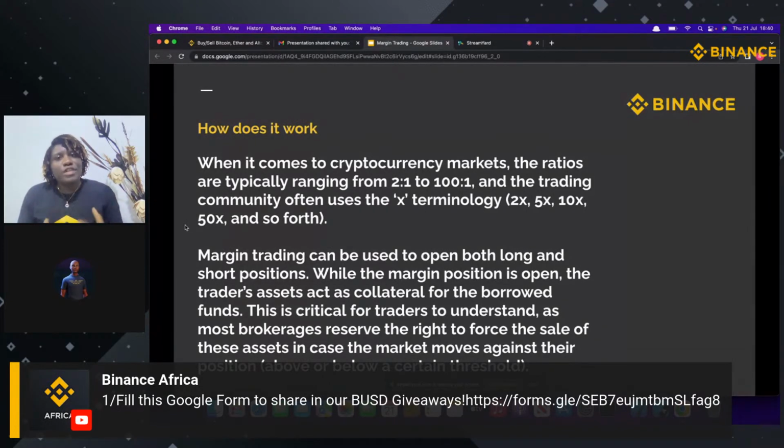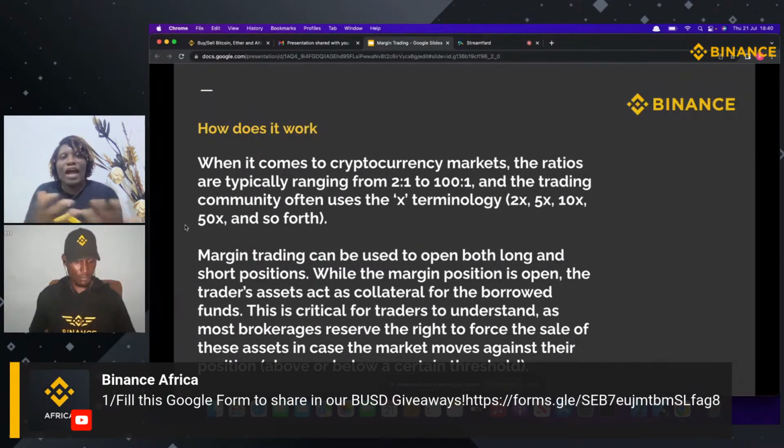Now, one interesting thing is that when the margin position is opened, the assets that you committed act as collateral to the borrowed funds. This is really critical because we have something called a margin call.